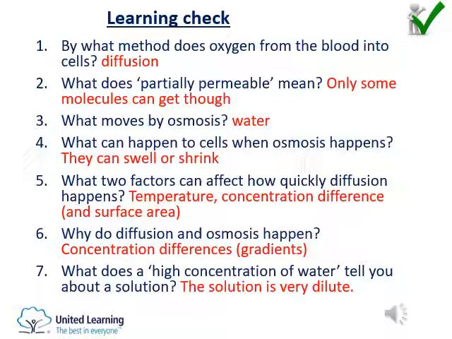Number 5 was factors affecting how quickly diffusion happens. Temperature, concentration gradient and surface area are all things that affect how quickly diffusion happens. Question 6, why do diffusion and osmosis happen? This is because of concentration gradients, concentration differences.